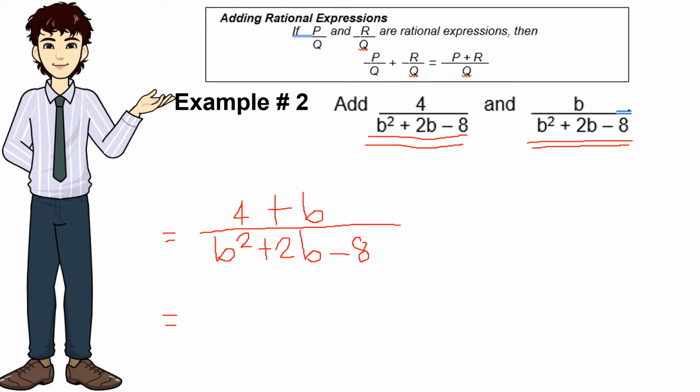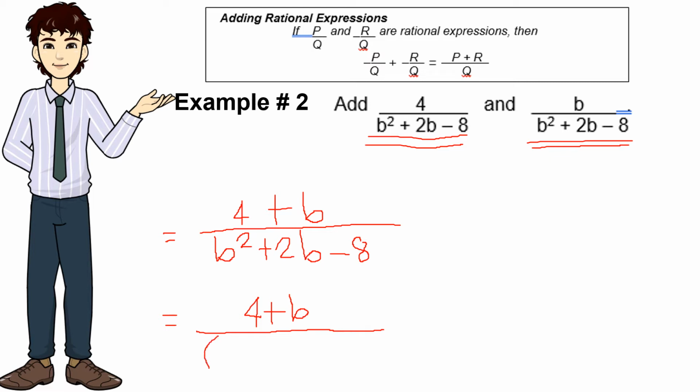Copy muna natin yung numerator natin na 4 plus b. Then, ipa-factor natin yung denominator. If our denominator is a trinomial, ipa-factor muna para malaman kung meron ba sa mga factors ng denominator ang same with the numerator. So dito, check natin, meron bang 4 plus b na factor ang ating b squared plus 2b minus 8.